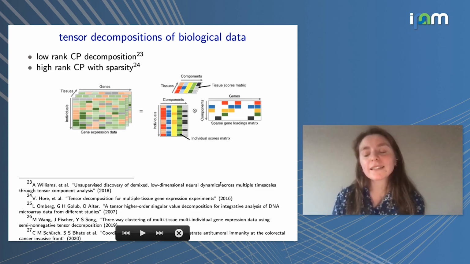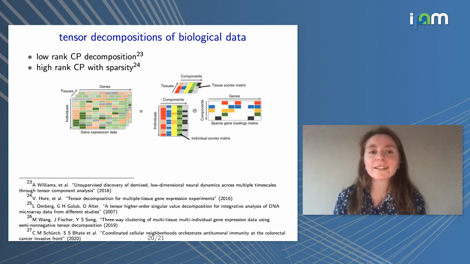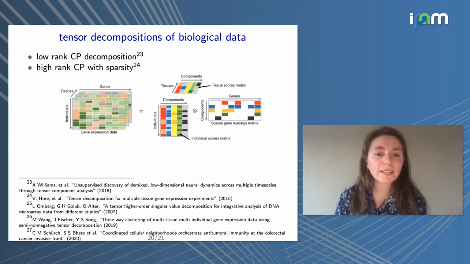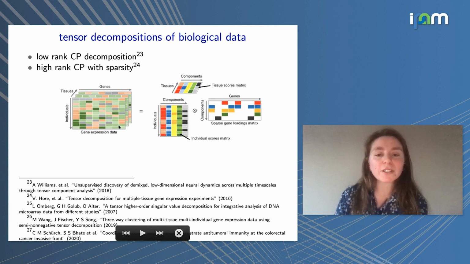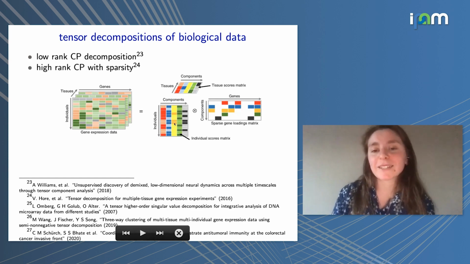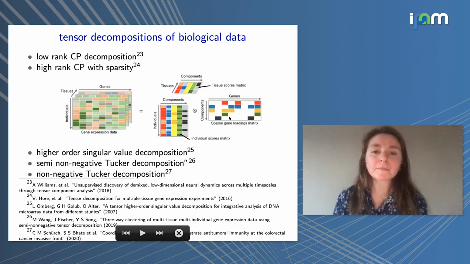And there, the tensor decomposition that they look at is low rank CP decomposition. In this paper on gene expression data of Hore et al., they're looking at a high rank CP decomposition with some sparsity imposed. So they have some three-dimensional data and they decompose it like this. This is taken from their paper.